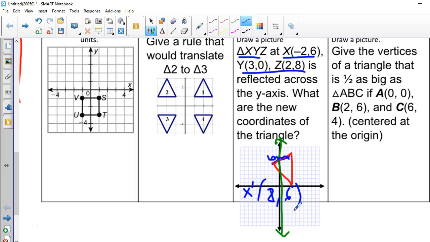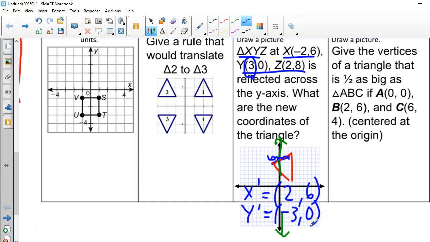Instead of being a negative, let me clean that up for you. That doesn't look very pretty. Instead of being a negative, x prime is 2, 6. If all I'm doing is changing the x value to the opposite sign, then y prime would be negative 3, 0.